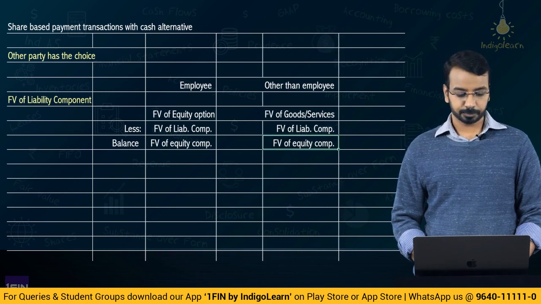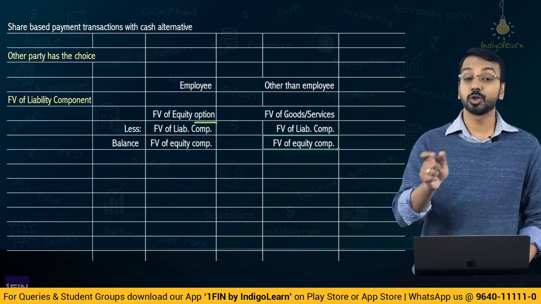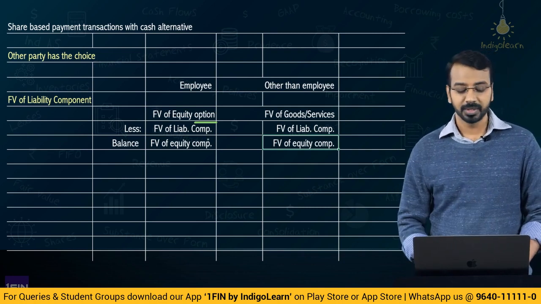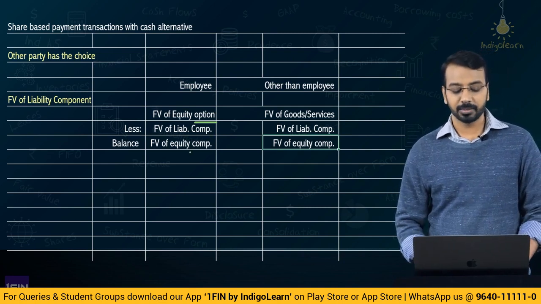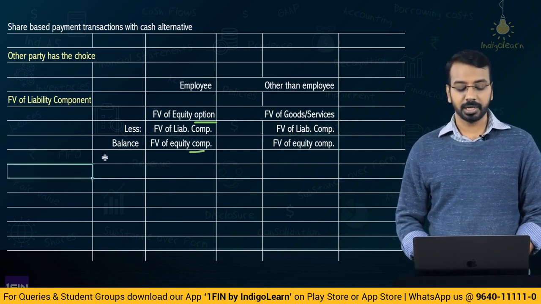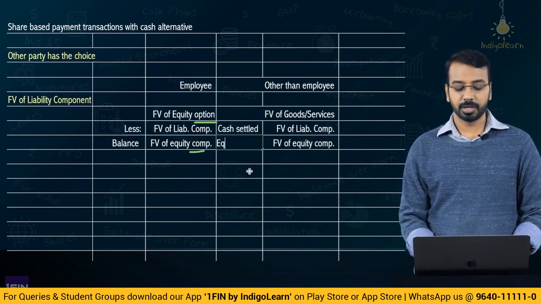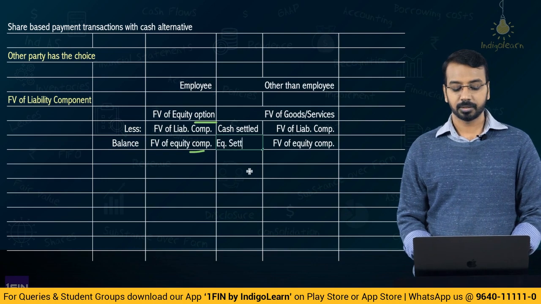Now what you need to remember here is, this is the fair value of equity option, that is the total value of the equity option, and if you remove the liability component, the balance represents the fair value of equity component. Now whenever you do the accounting, fair value of liability component will be cash settled and fair value of equity component will be equity settled.